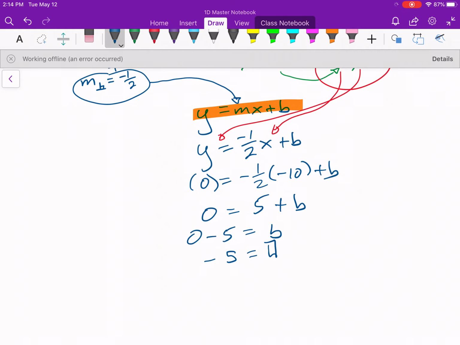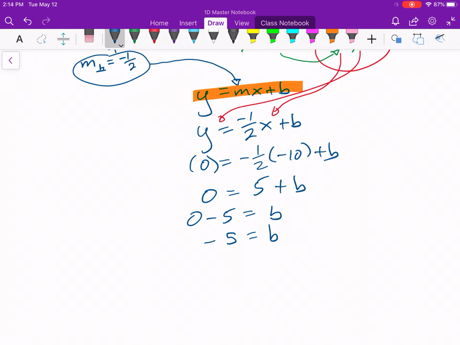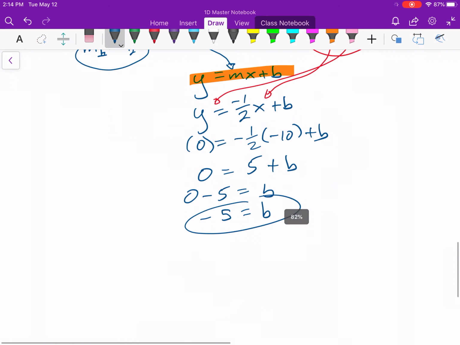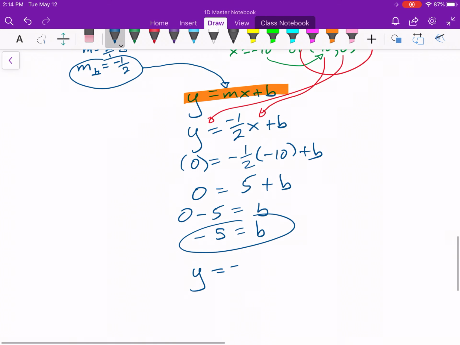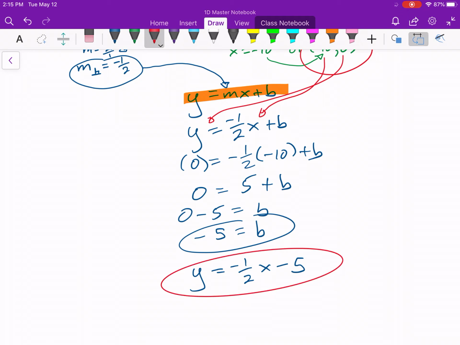There's my b value. And I can put this all together and say y equals -1/2 x minus 5. And this will be my final answer.